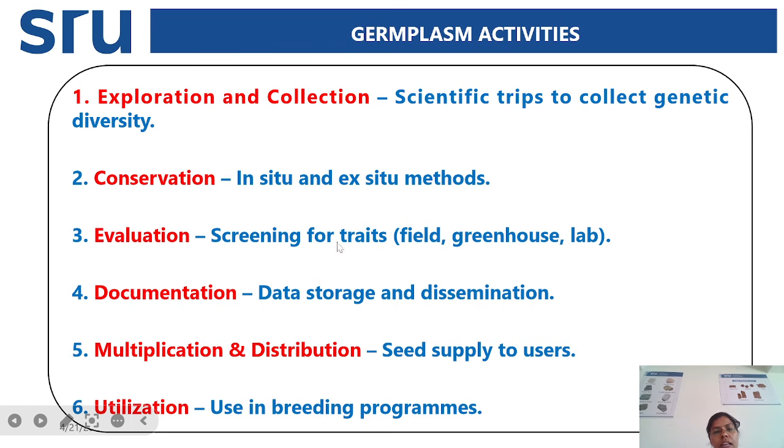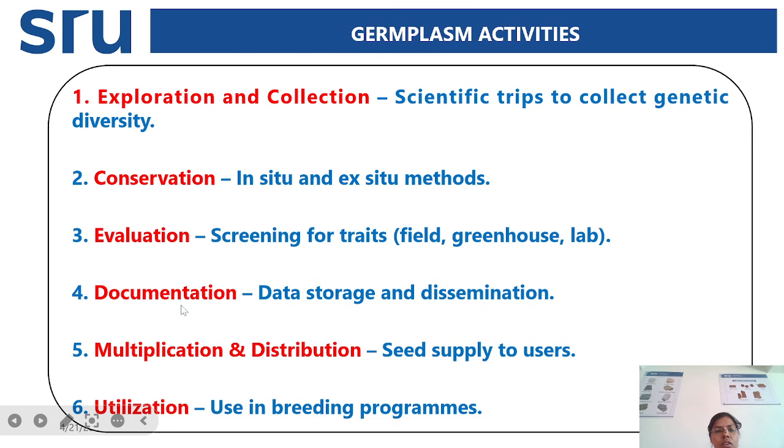Generally, the screening is done at three different levels: the field level, the greenhouse level, and the lab. So these are the three ways we can do the screening of the germplasm by experts from different departments. And next is documentation.